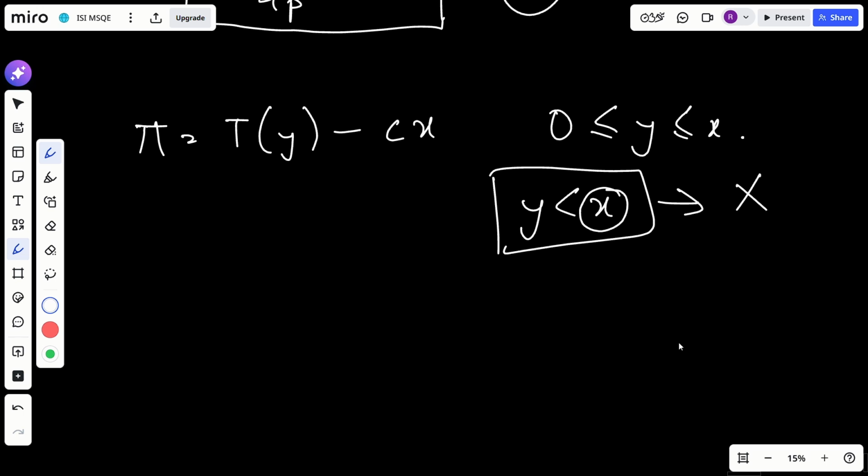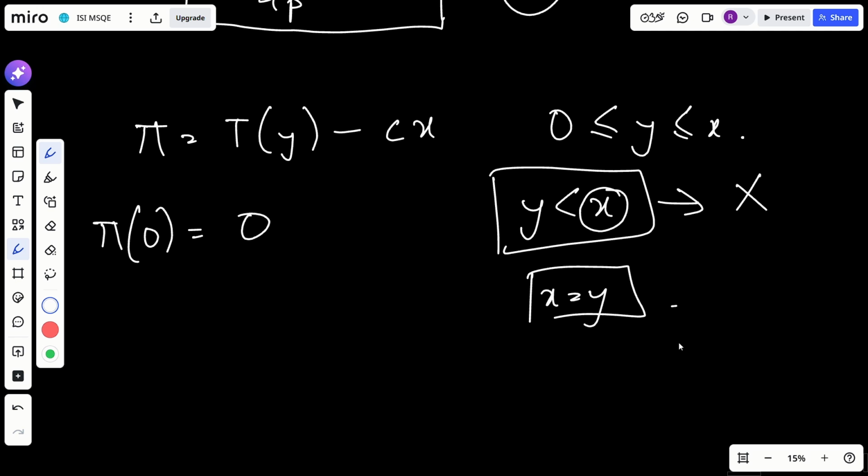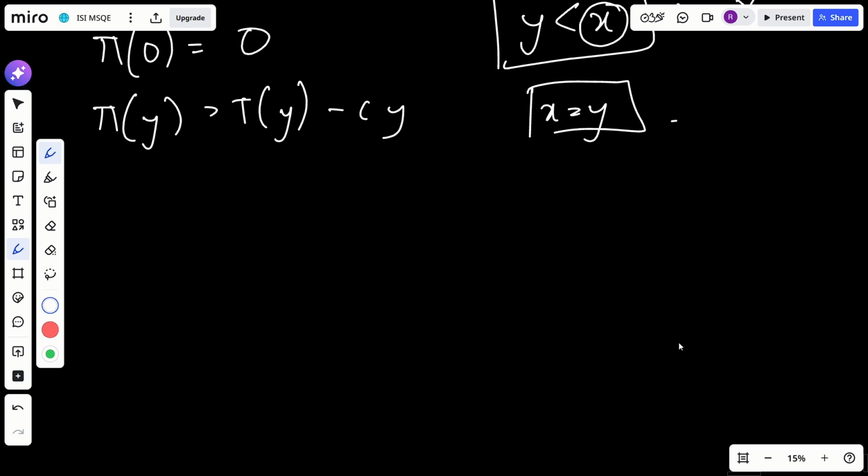So by reducing his x, he will come to the point where x is equal to y. So we will check that when y is equal to 0, then the profit will also be 0. But if y is strictly greater than 0, then his profit will be t(y) minus cy. So let's try to maximize that.